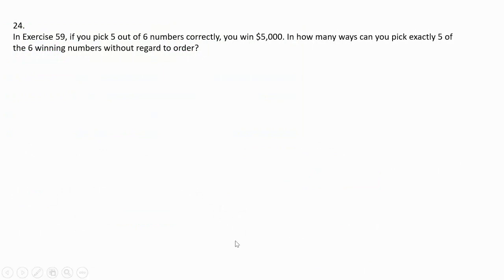I believe this particular problem said that the lotto requires you to match 6 numbers to win, but they also want to give a consolation prize: if you get 5 out of 6 correctly, you win $5,000. So the solution is how many ways, without regard to order, so this is going to be a combination.